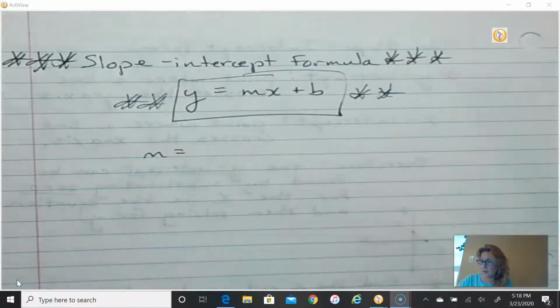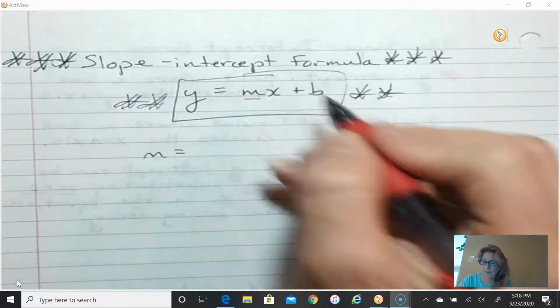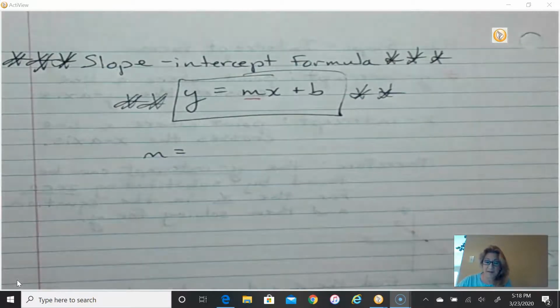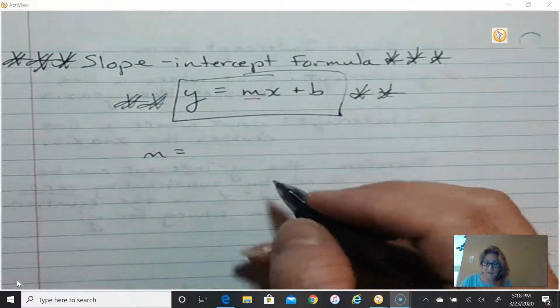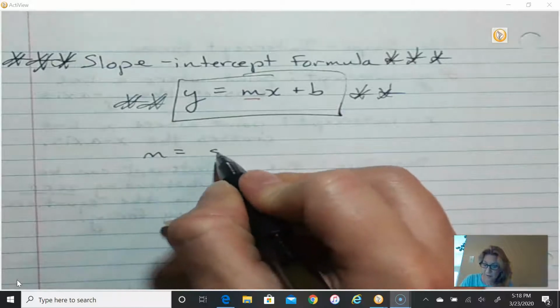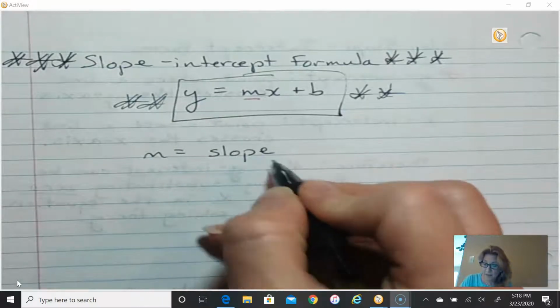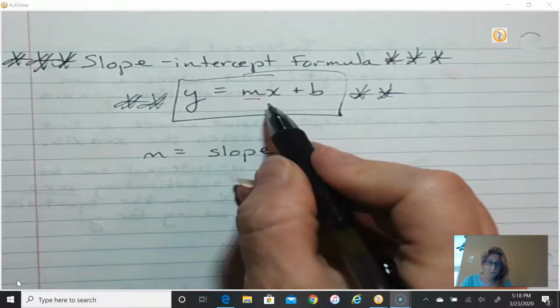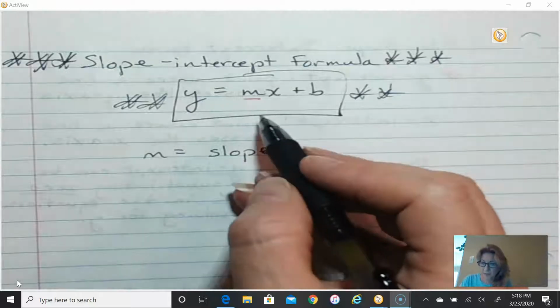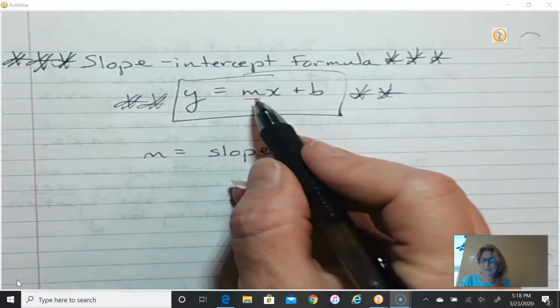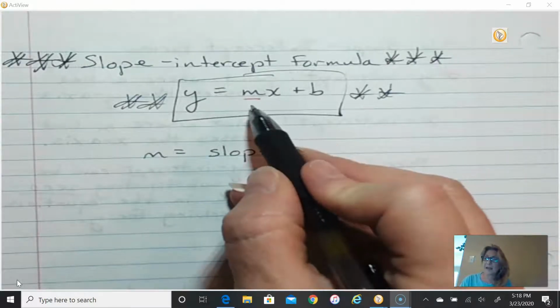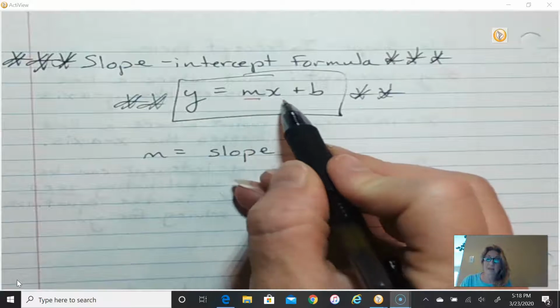M. Guys, I cannot stress this enough that you've got to have this memorized. Ask any of the Algebra 1 students. M is your slope. Not mx. I don't have corona. Maurice, I do not have corona. Anyway, it's not mx.